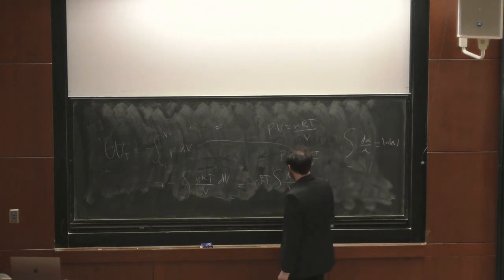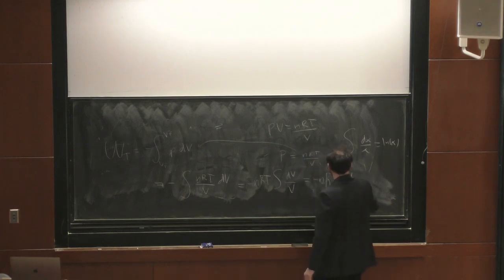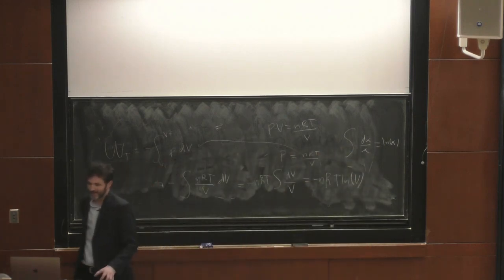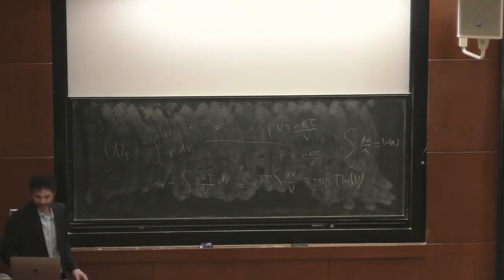So this integral turns into minus nRT natural log of V. And that's how they get that. Okay? So there we go.